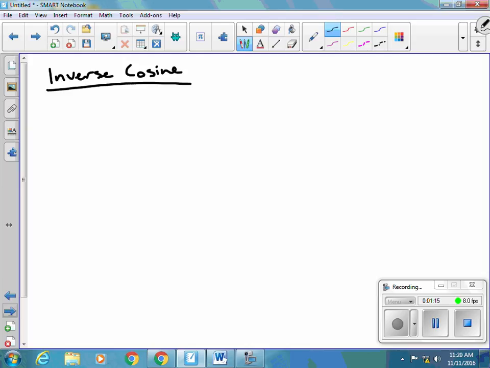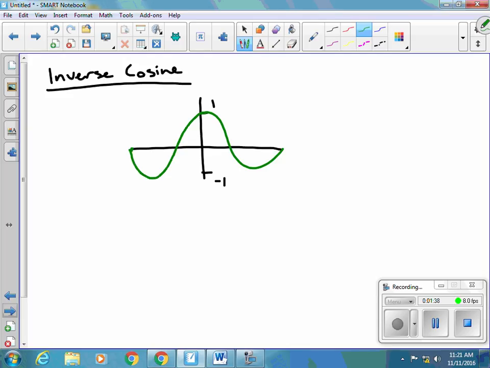With inverse cosine, we're looking at a regular, this is 1, this is -1. So if I have the regular graph of cosine, and this is going to -2 pi, and this one's going to 2 pi.